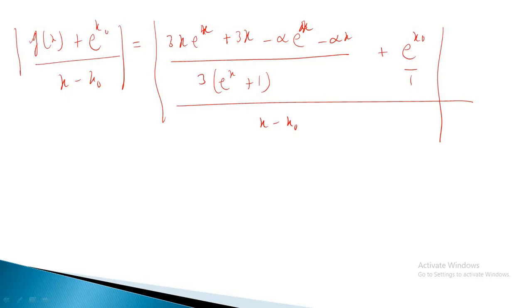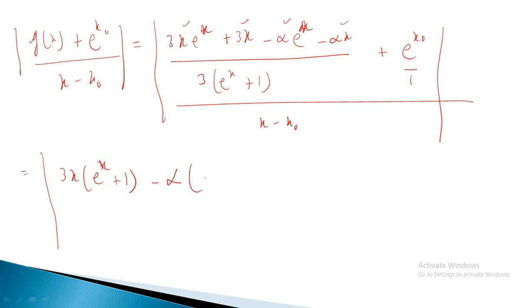If we see the first two terms, we can put 3x common. So it will be mod of, we put 3x common, we get e raised to x plus 1, and in the third and fourth term we can put negative alpha out.